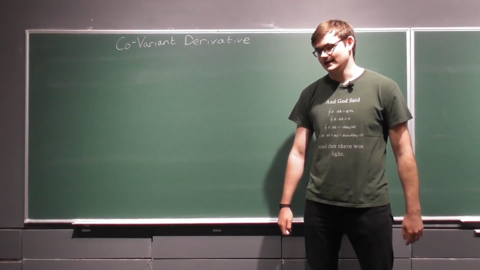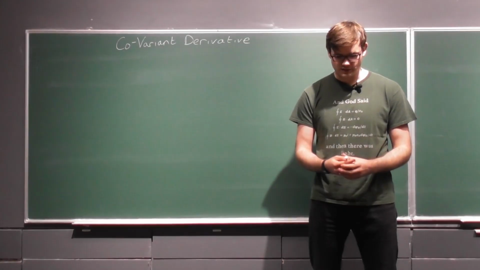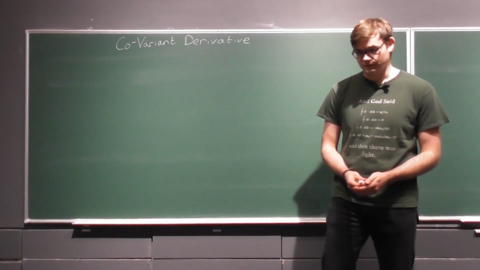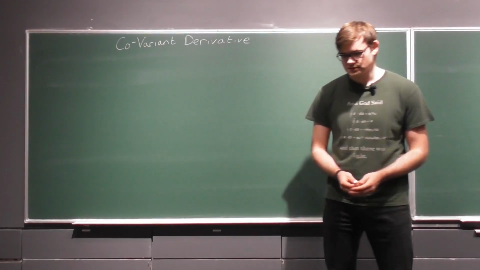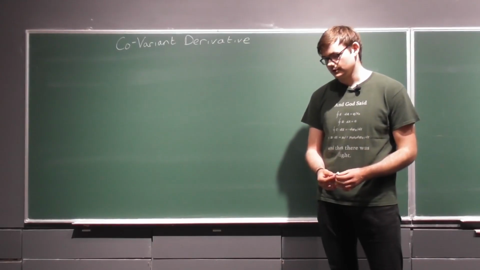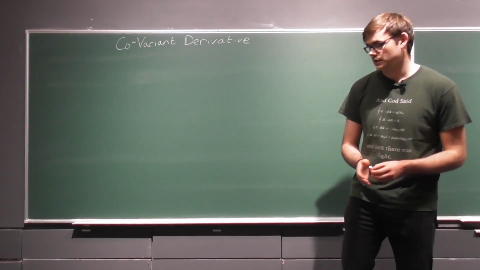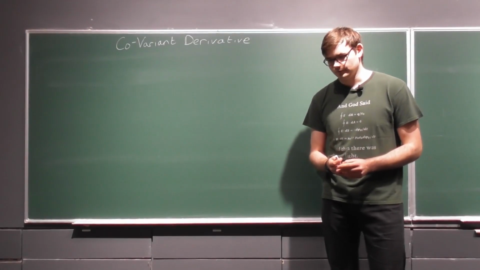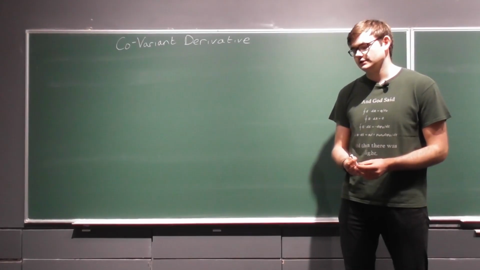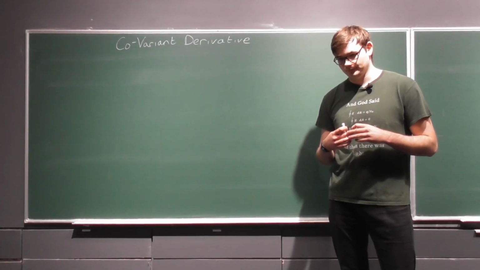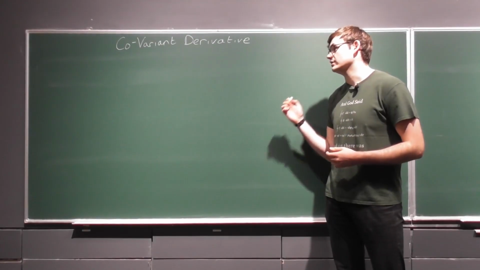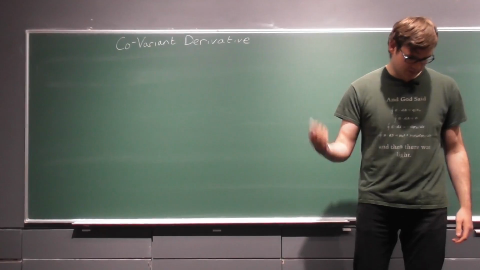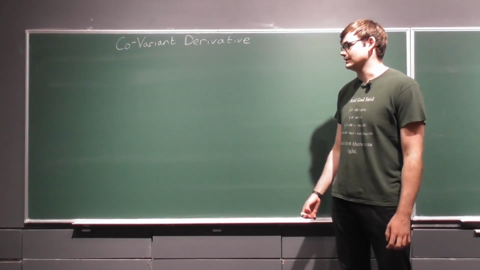Welcome back. In today's lecture, we're going to be talking about the derivative on curved spaces, introducing the covariant derivative, as well as talking about the Christoffel symbols. So, from what we've built up so far, we want to now talk about a derivative in line with the principles of general relativity that we've outlined so far.